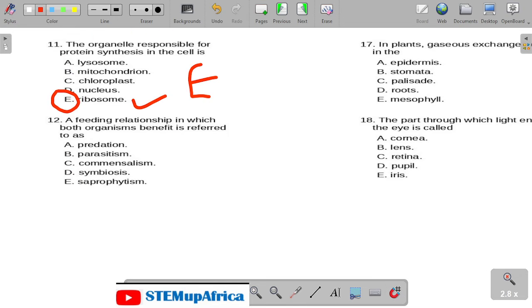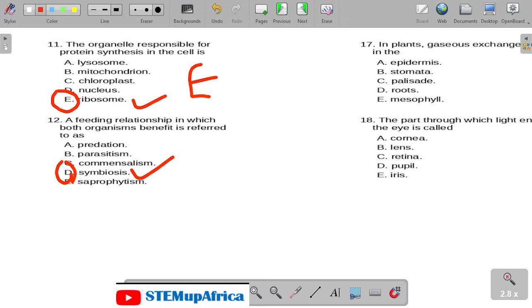Now go to 12. It says a feeding relationship in which both organisms benefit. Both organisms benefit in symbiosis. So you get like hookworm, like the egg, like worm, and the human body. So that is not symbiosis, that is parasitism.